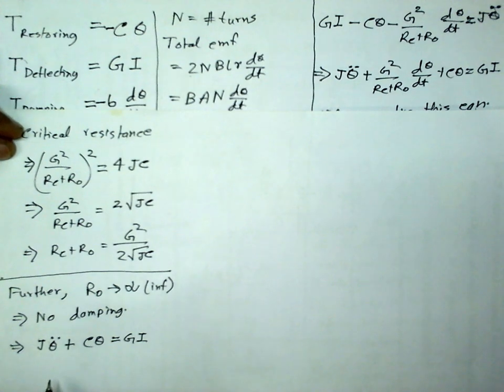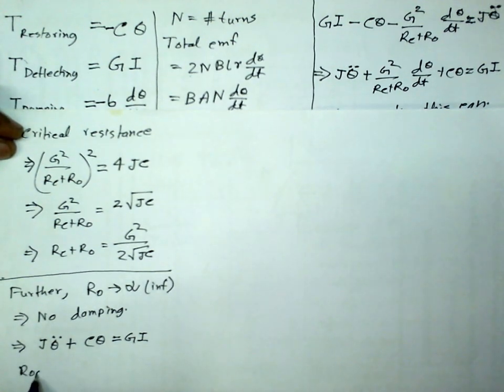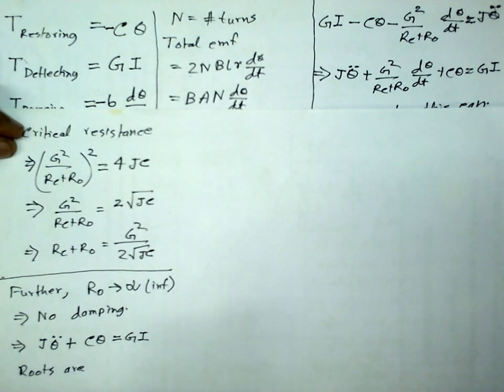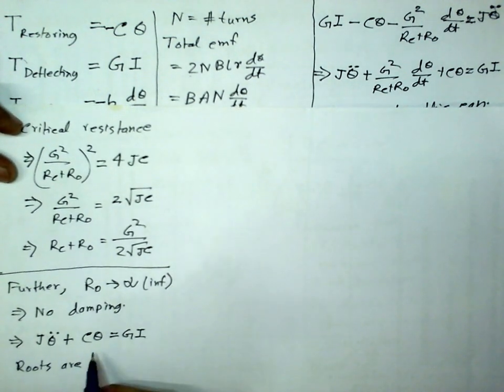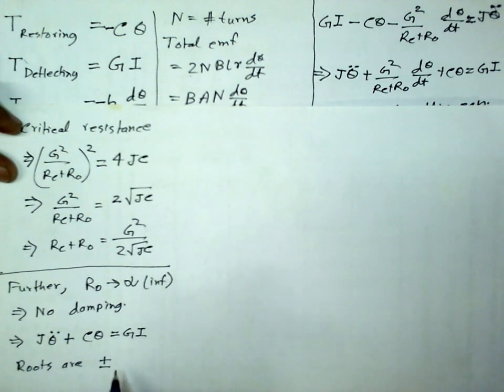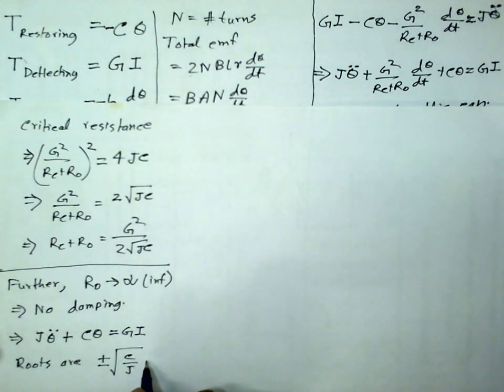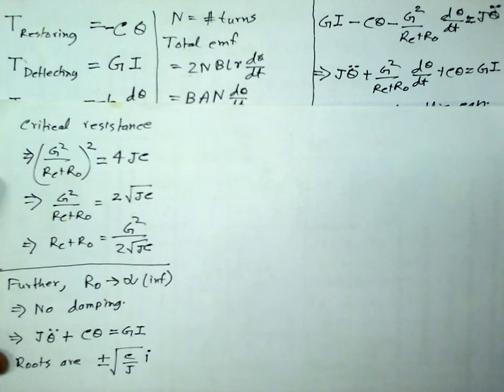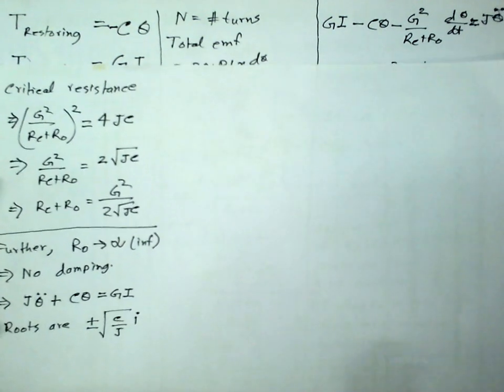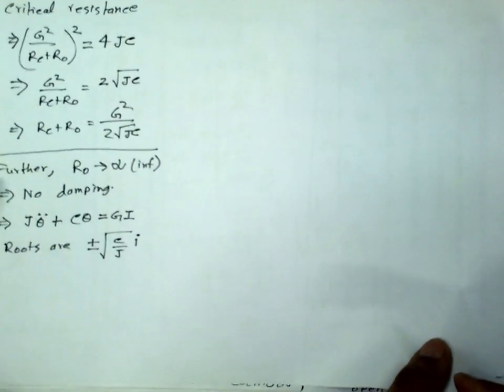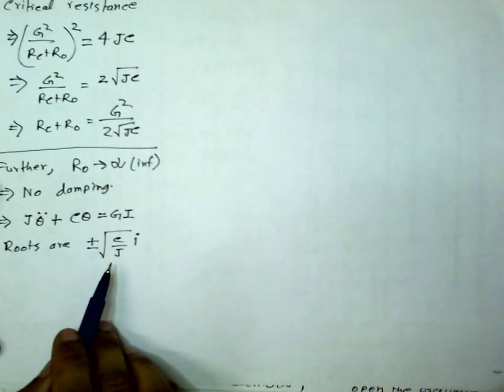Now, what are the characteristic roots of this equation? The roots are plus minus root over C by J, okay, multiplied by i, which is the square root of minus 1. Okay, so those will be the roots.